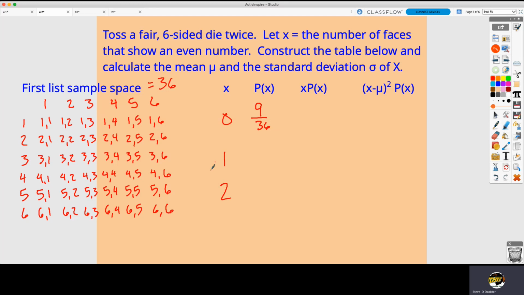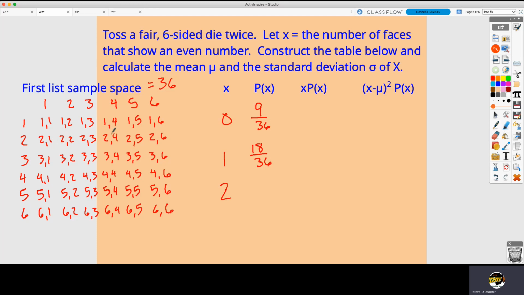Then we go through and do the same thing for a 1. If we were to count those up, we'd have 1, 2, 3, 4, 5, 6, and we'd keep going, and we would get 18 of them. And then for our last one, we count up where both of them are even.